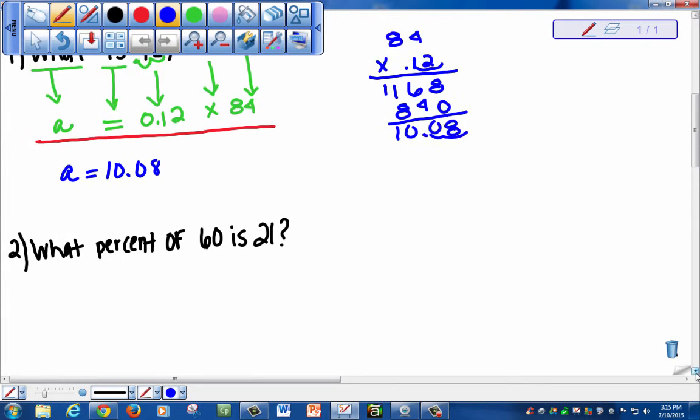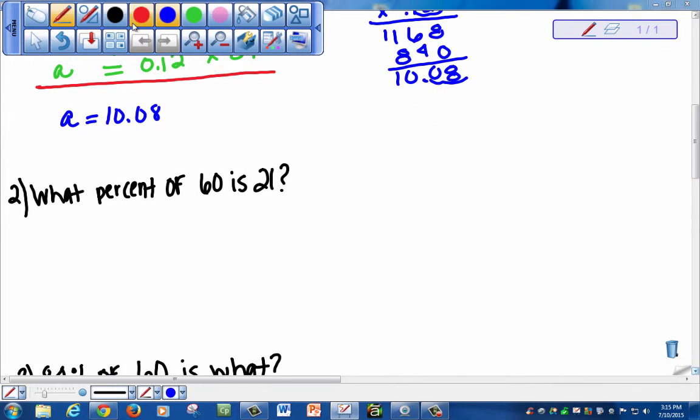Now for example number 2, it says, what percent of 60 is 21? Well, we're looking for a percent here. This is our clue. This is gonna turn to a P since we're looking for percent. Of means times, right? And then we have 60.